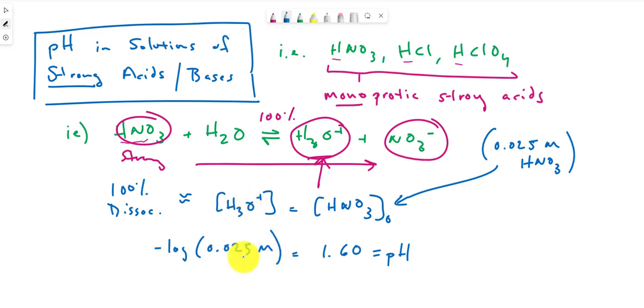There are two sig figs in the 0.025 number, which means I get to conserve 2 past the decimal in my logged version, the pH version, which gives me a value for pH of 1.60. We know that any value less than 7 is acidic. This makes a lot of sense. This is a pretty dilute concentration of acid, but it still yields a very acidic pH.